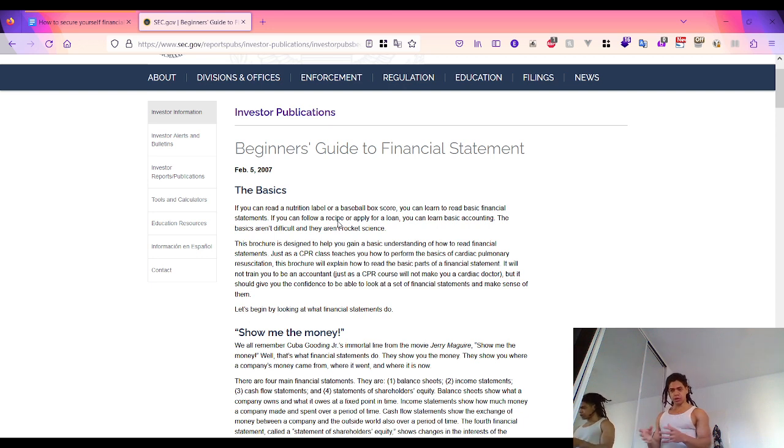So once you deduct the operating expenses and depreciation from the gross profit, you arrive at the income from operations before interest and income tax paid. Then you have interest income and expense.